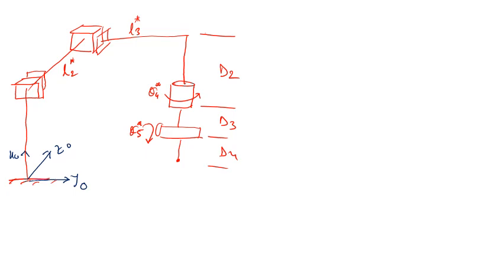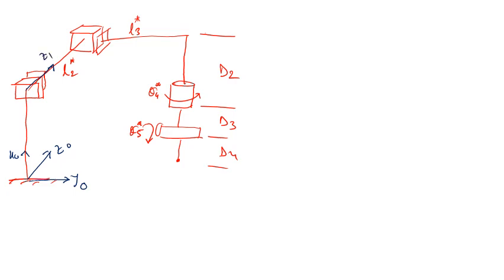Then for this prismatic joint, this is the Z1. Sorry, I have to erase it. It's not in line. Okay, Z1.